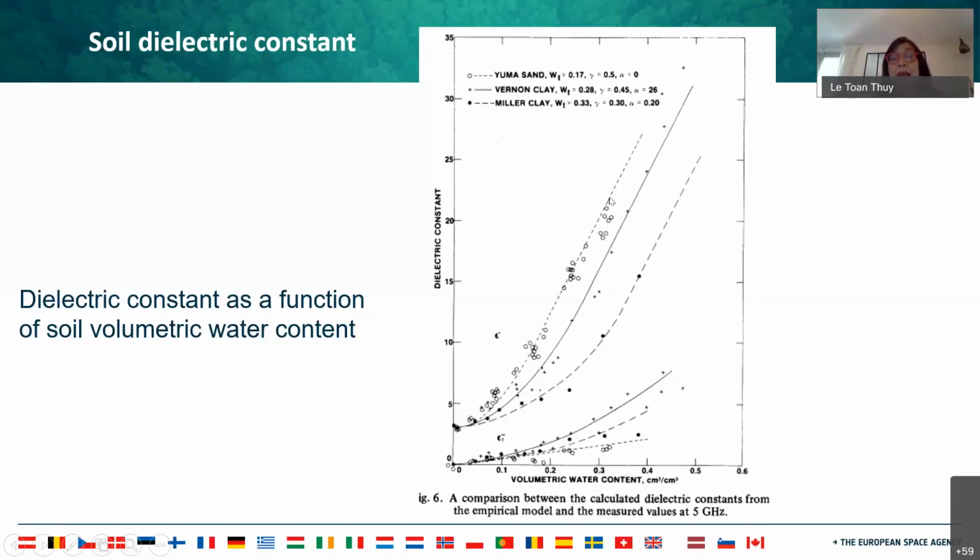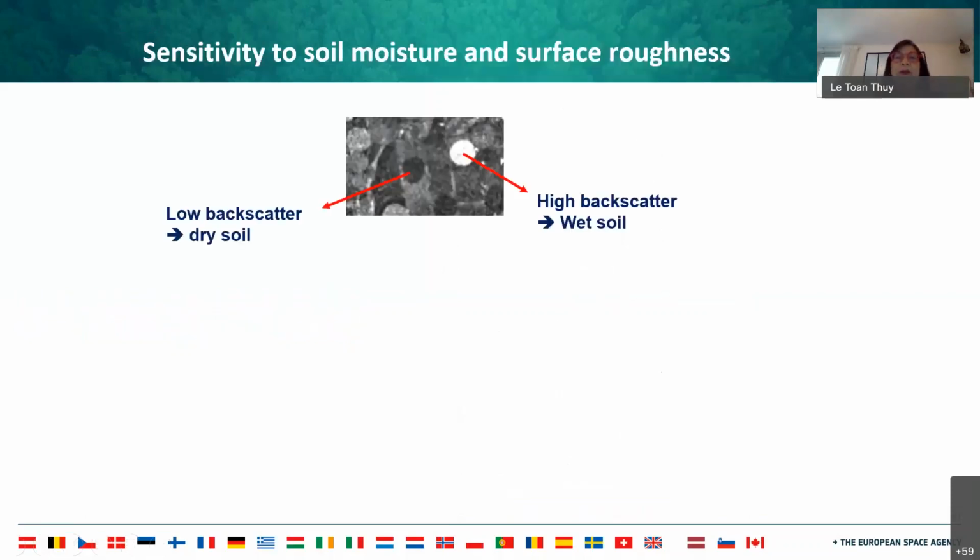With the clay, the increase is very low from the beginning, because the water is inside the phyllosilicate layer and cannot move much, so the increase is very slow, and then there is a big increase after the amount of water reaches 20%. So there's some physics inside.